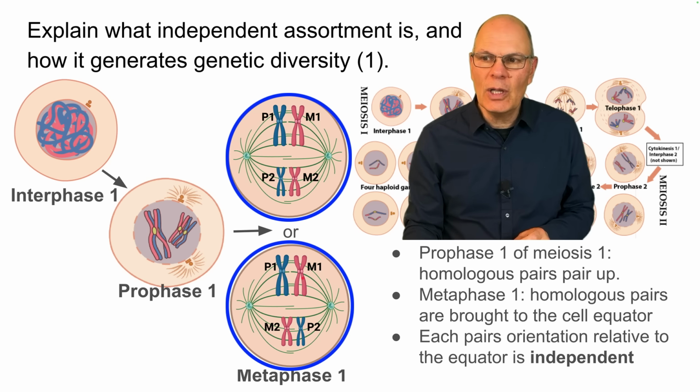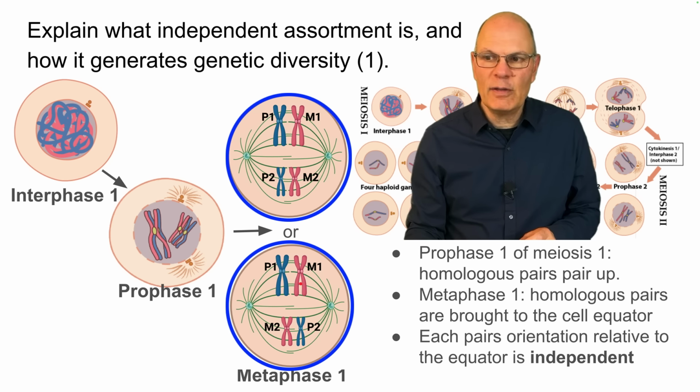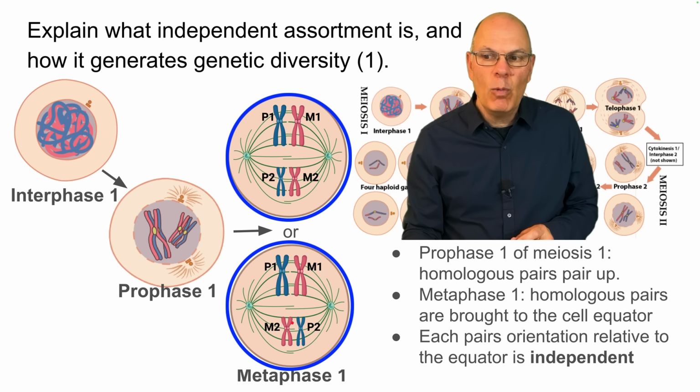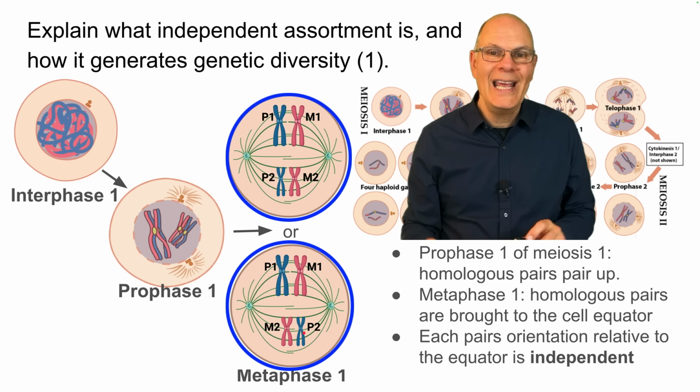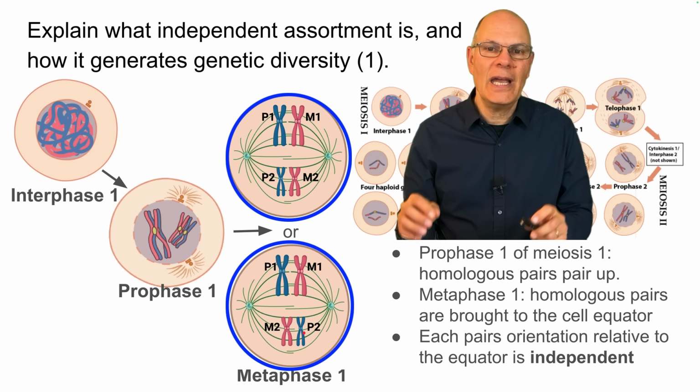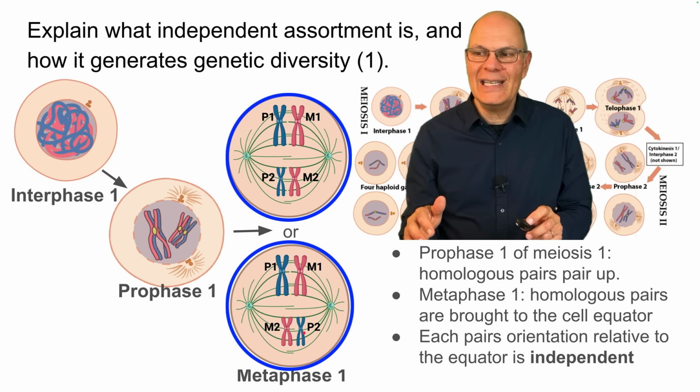It's equally possible that you could have this arrangement versus this arrangement, whereas you have paternal chromosome 1 on the left, maternal chromosome 1 on the right, whereas maternal chromosome 2 is on the left and paternal chromosome 2 is on the right. It's as random as flipping a coin, and that randomness is essential.